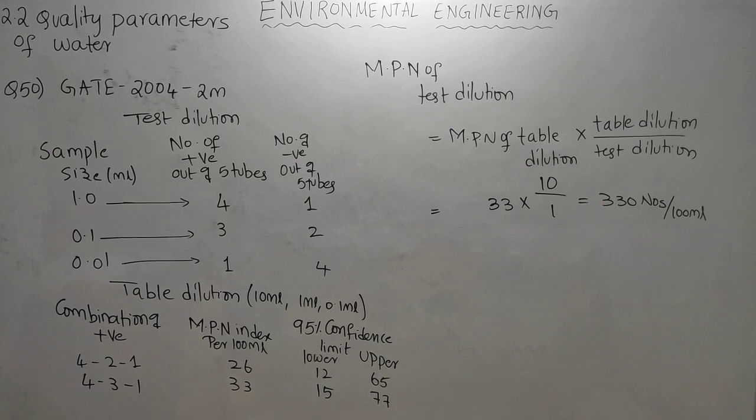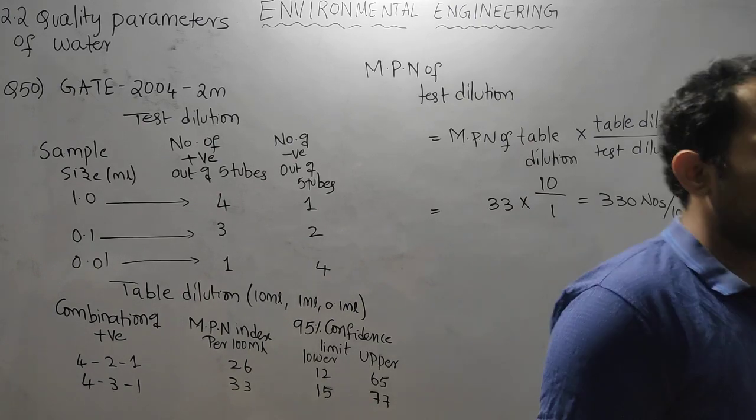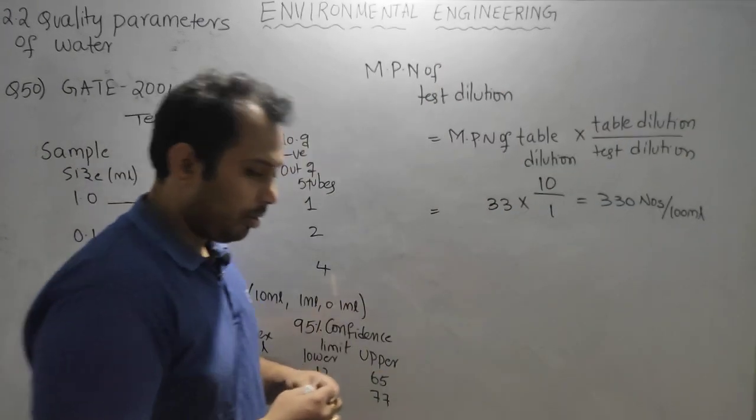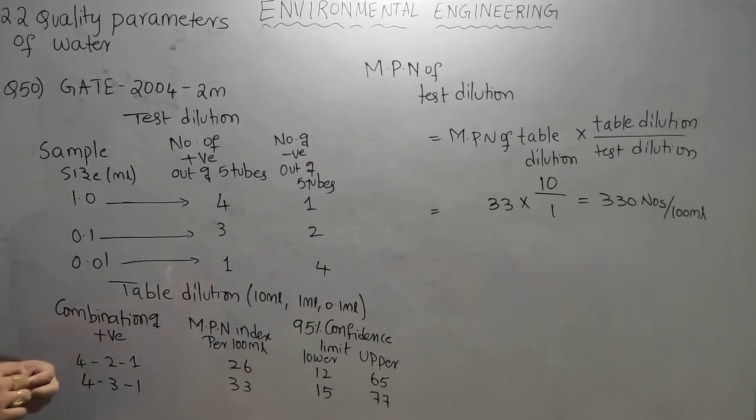So this is all about the quality characteristics of water, and all the previous GATE examination questions up to 2019 we have done. Let us go to the next topic of this subject, that is treatment.